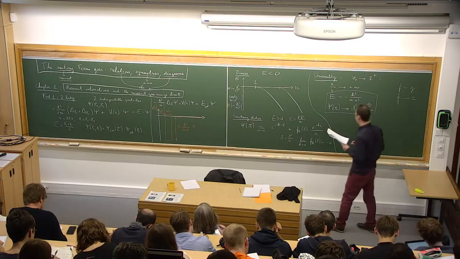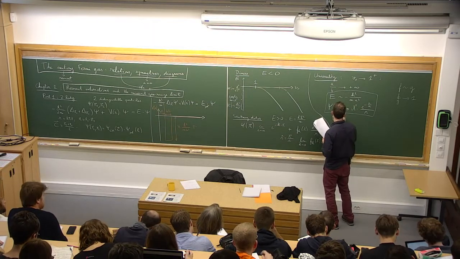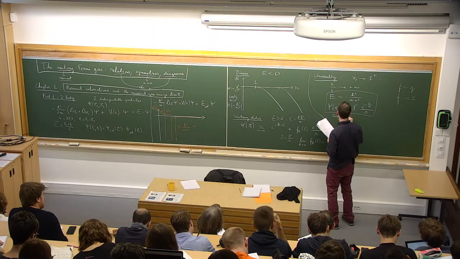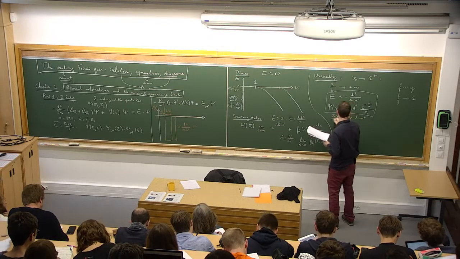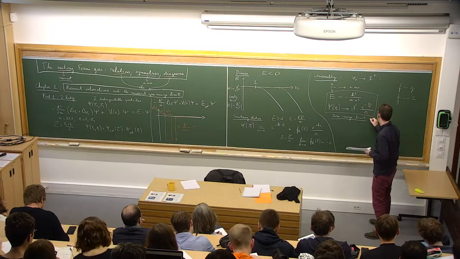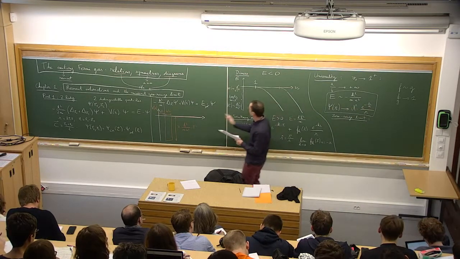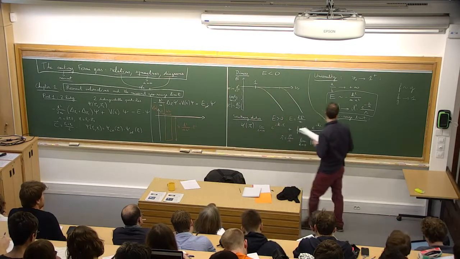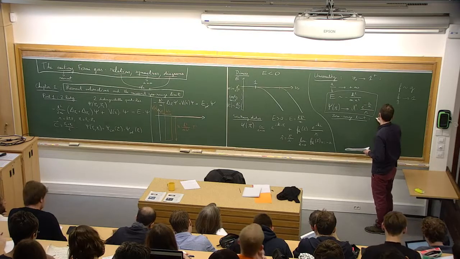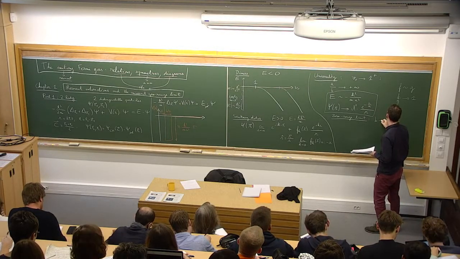Another slightly more convenient way to view this story is to consider the zero range limit. Namely, instead of fixing B and tuning the depth as we have done here, we will rather send the range, the width of the potential B to 0.